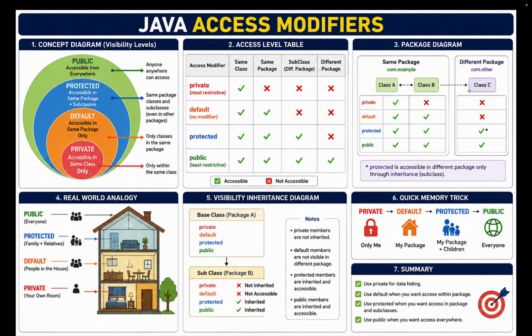Also suppose we have a class C in a different package, like you can see here com.example, means class A and class B are within this com.example package. So private cannot be used even in the same package, and of course outside of the package it also cannot be used, but default can be used within a package.